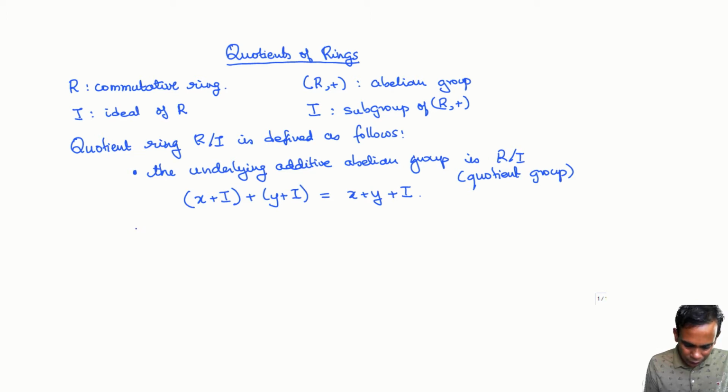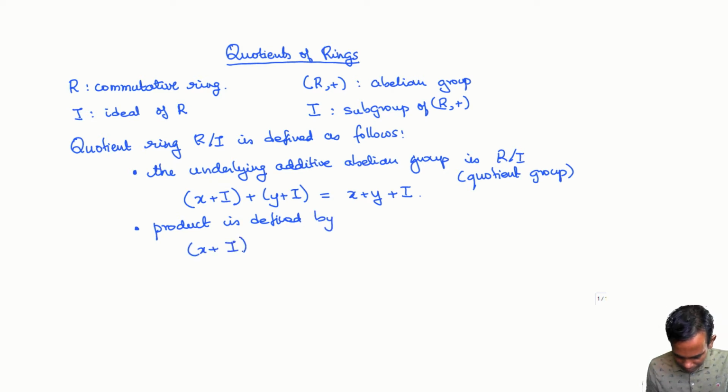And it remains to define the product of two elements of R mod I. So product is again defined in the most obvious manner. x plus I times y plus I is equal to xy plus I. Now we need to check something here. We need to check that this is a well-defined product in the sense that if we modify x by something in I and we modify y by something in I, then this right hand side does not change.